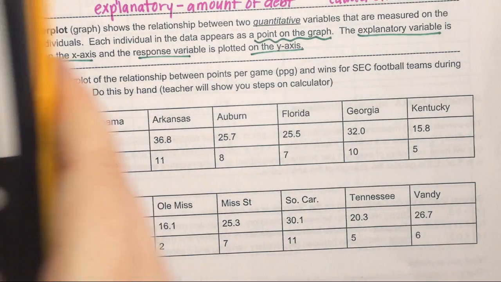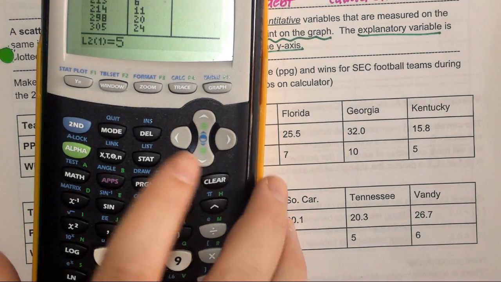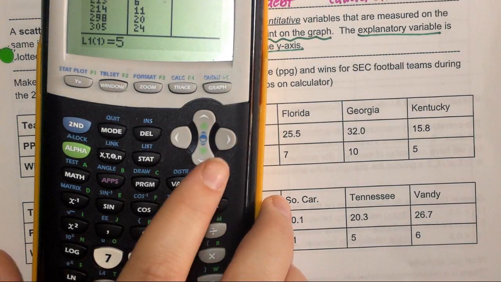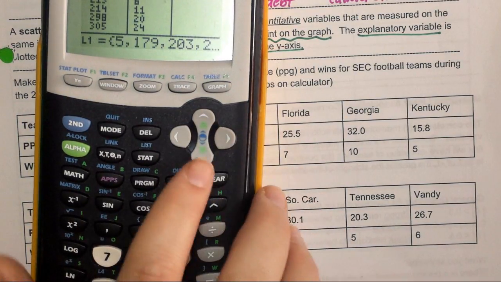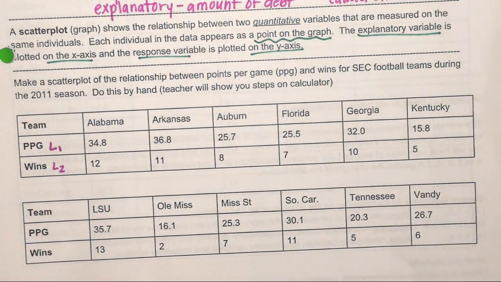If you need a reminder, go to Stats, then go to Edit, and you need to edit the data in L1. Make sure you don't press delete at the top or it'll delete your entire list. You actually have to clean out those entries. You know how you can hover over where it says L1, press clear and down? Yes, that's a good way to do it.